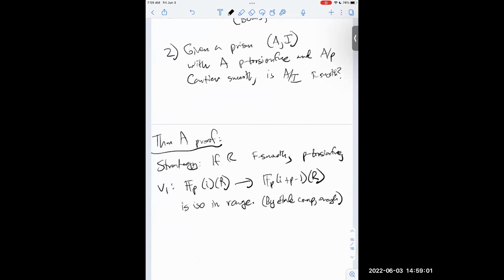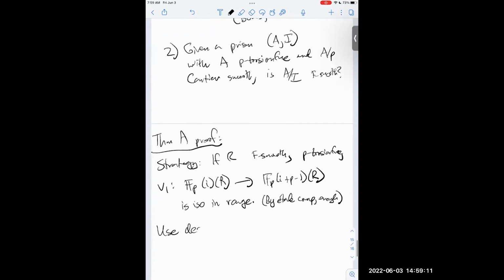So to prove that this map is an isomorphism in some range, essentially you use the description of the syntomic complexes as this mapping fiber, in the case where R is p-complete.